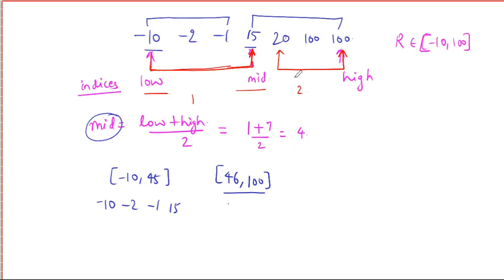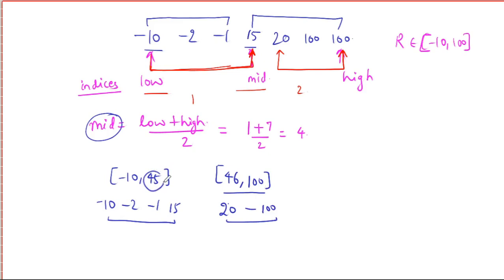If another approach was followed, like 7 minus 1 plus 1 by 2, which will be 3, then from this range, 20 to 100 elements will be present, and this half will have the values from -10 to 15.